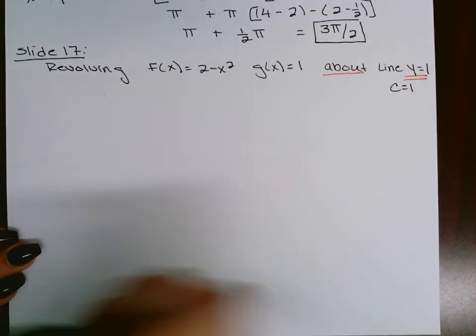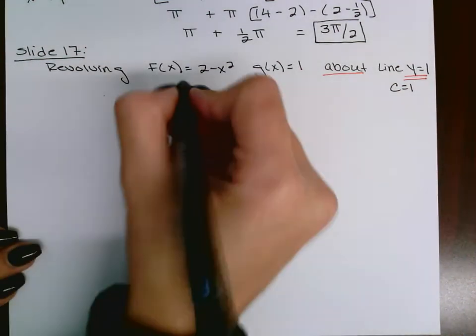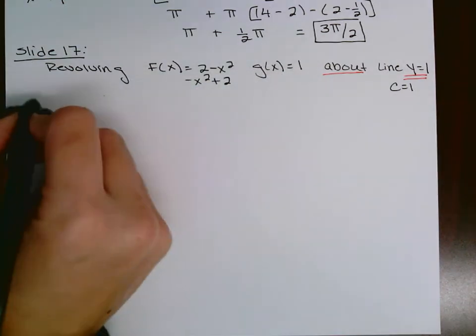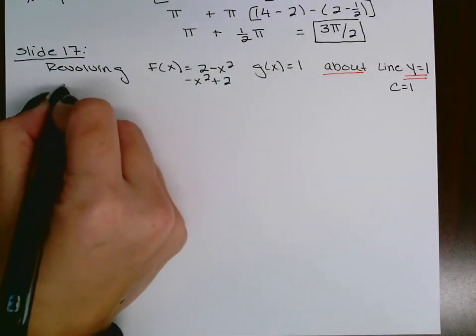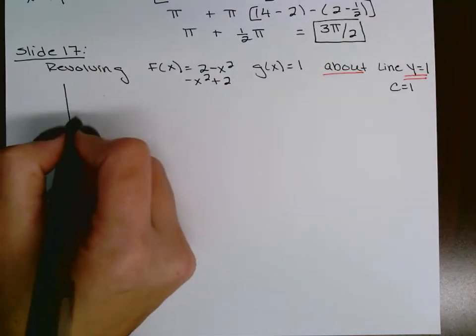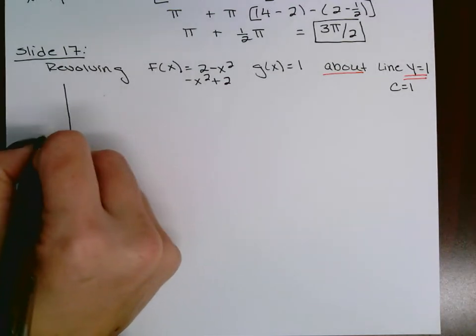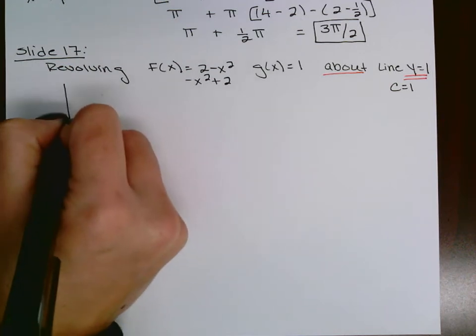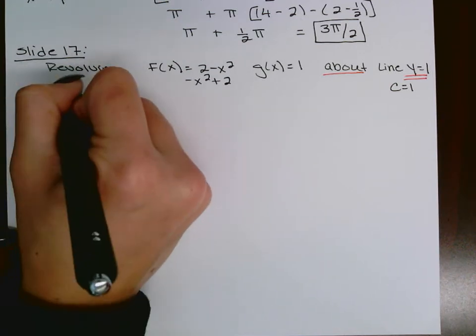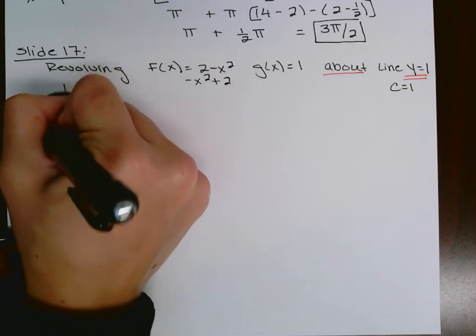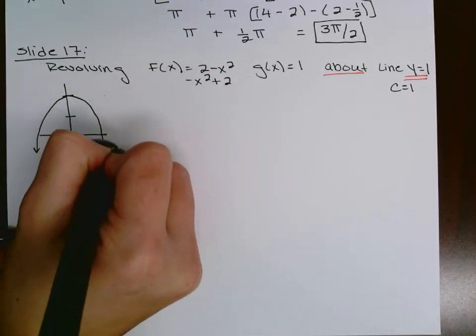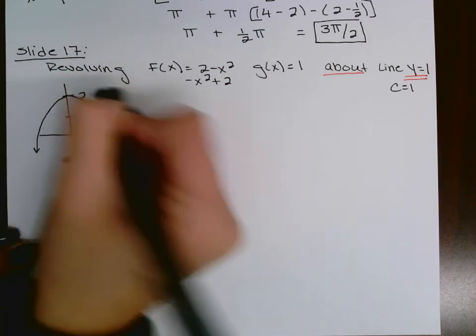Alright, so that 2 minus x squared, we could also see as negative x squared plus 2, which just means a parabola facing down that was shifted up 2. So we have 1 and we have 2, and that parabola faces downward.